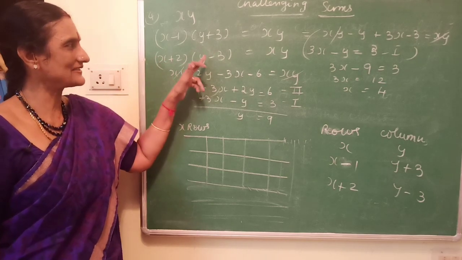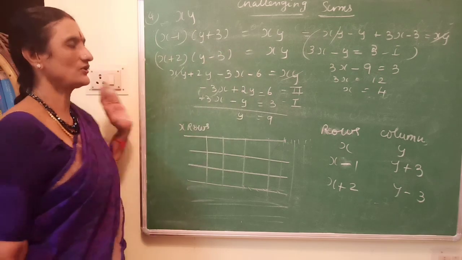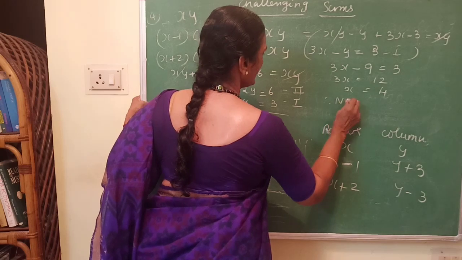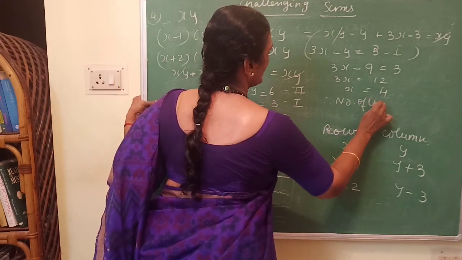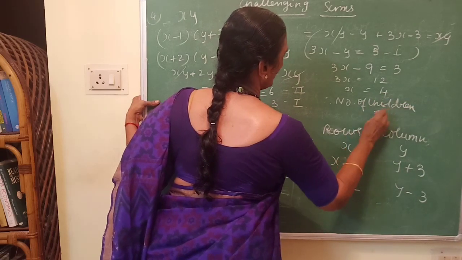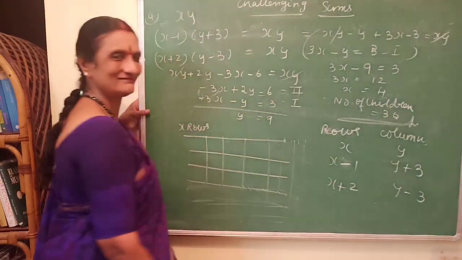What is y minus 3? 9 minus 3, that is 6. 6 6s are 36. So you should write, your answer is right. Therefore, you should write number of children in the class is equal to 36. You have to finish your answer that way.